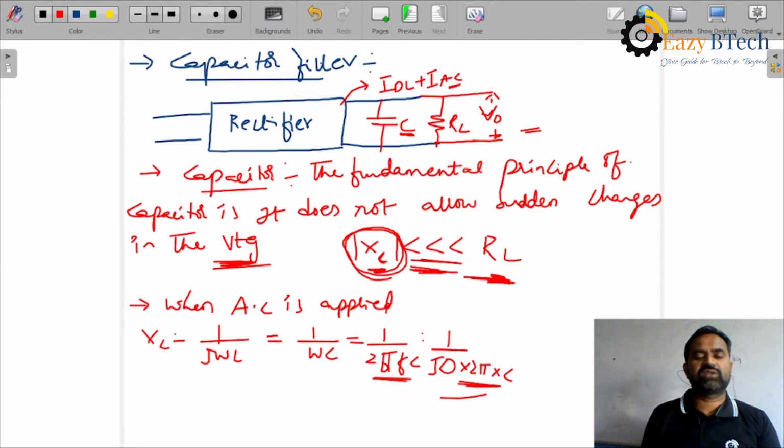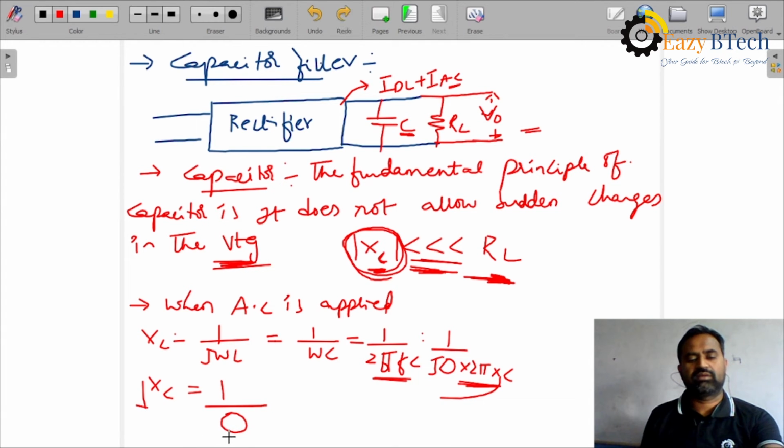If this value is larger, then the reactance is smaller.